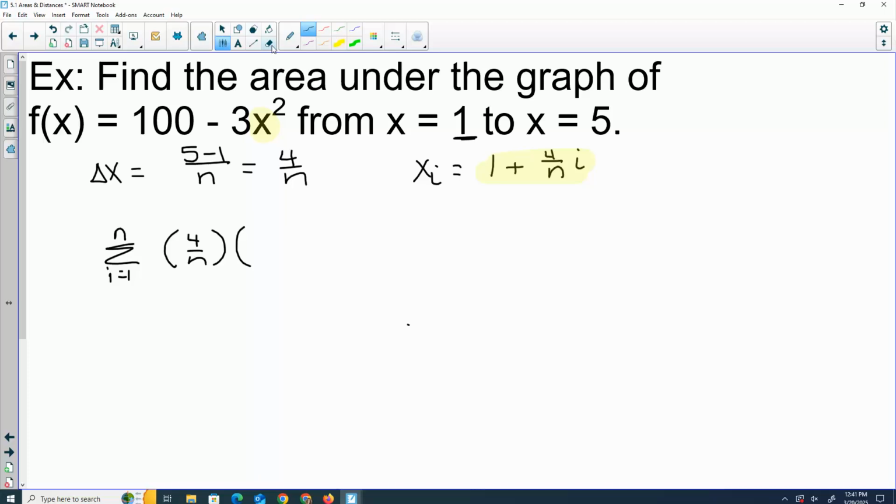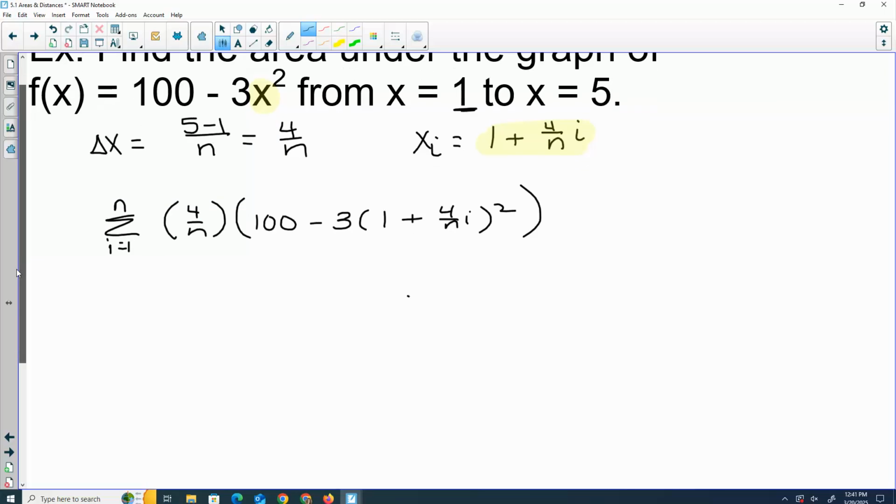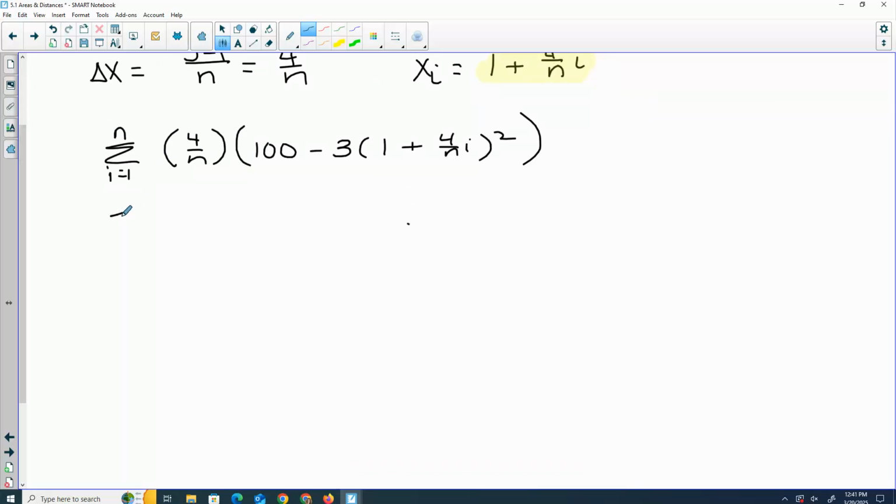So that would be 100 minus 3 times 1 plus 4 over n times i. It's a little bit uglier, but it just requires some multiplication. We can handle that.